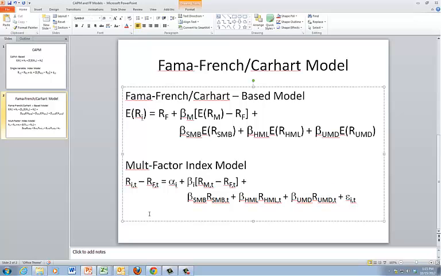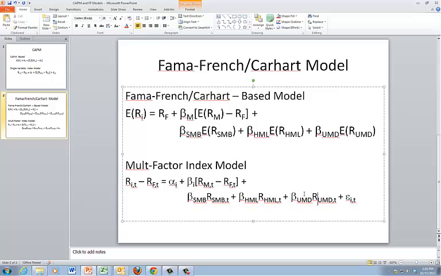So what we need to do in order to execute this multi-factor index model is get the return series for a portfolio or an asset, subtract out the risk-free rate, and then for every corresponding period get the equity risk premium, get the return to the SMB portfolio, the return to the HML portfolio, and the return to the UMD portfolio.